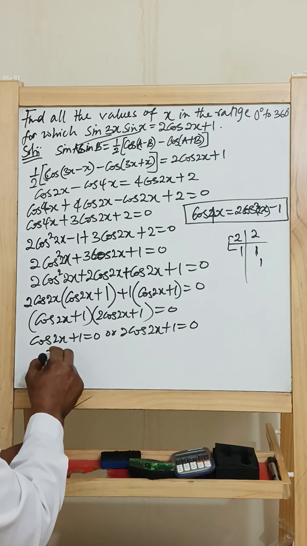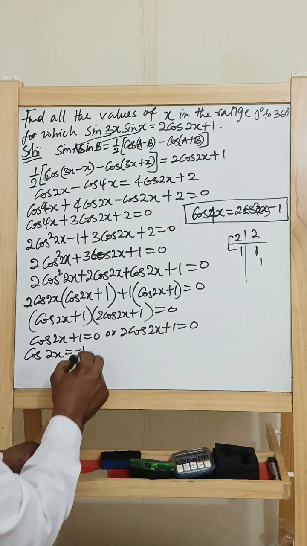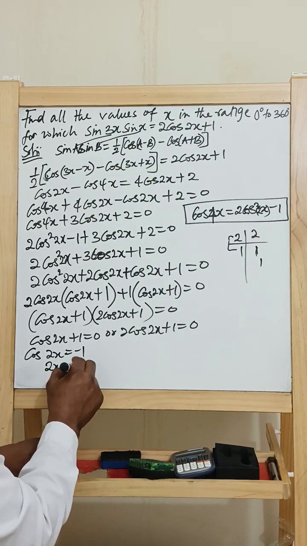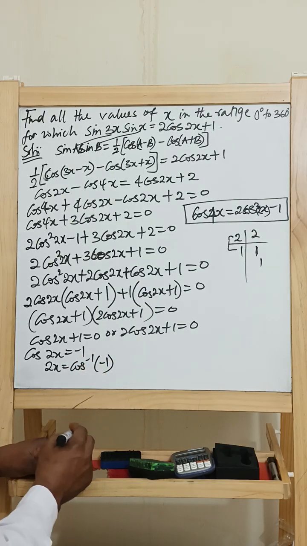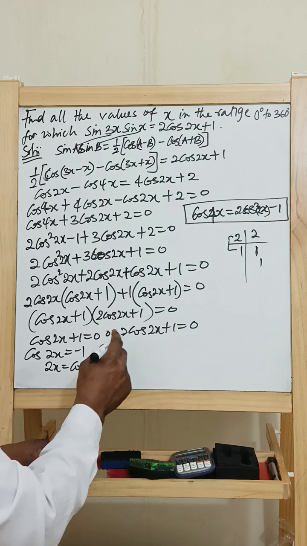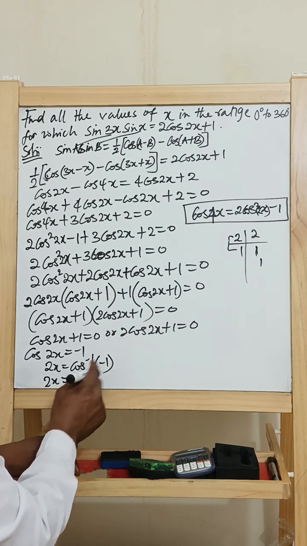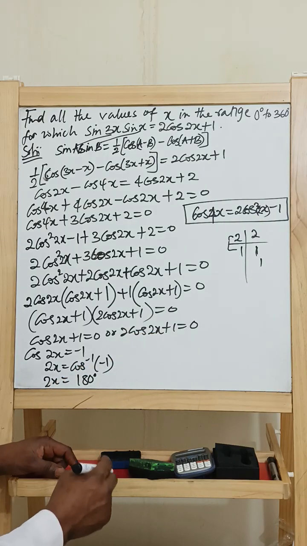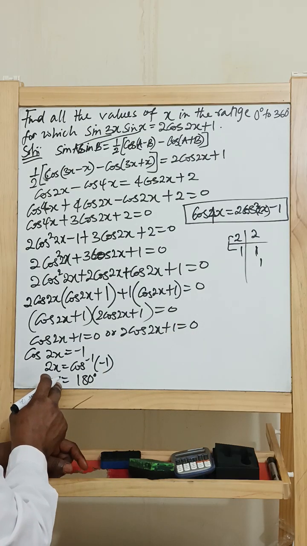So what is 2x? Cos 2x will be what? Minus 1 here. Right? And 2x will be arc cos of minus 1. Right? And arc cos of minus 1 is what? Arc cos of minus 1 is 180 degree. Right? For this one, so what's the general formula for this one now?